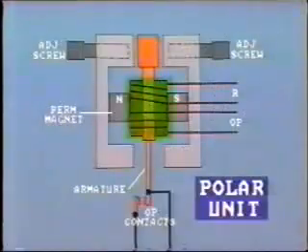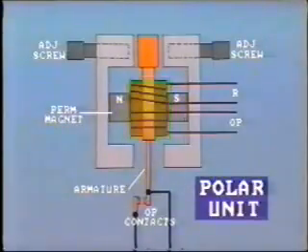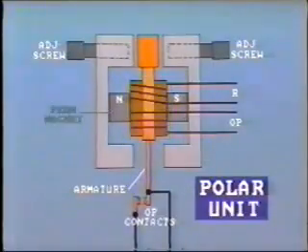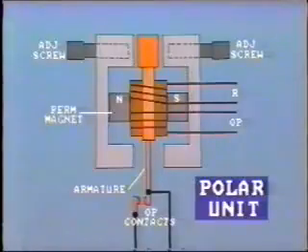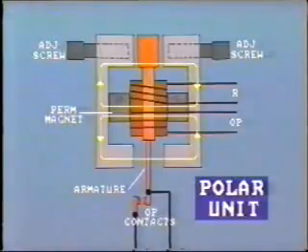These two coils are wound in opposing directions on the same core or armature. The armature is placed within the field of a permanent magnet. The only flux present is that produced by the permanent magnet when there is no current flowing in either the operating or restraining coils. The armature does not move.